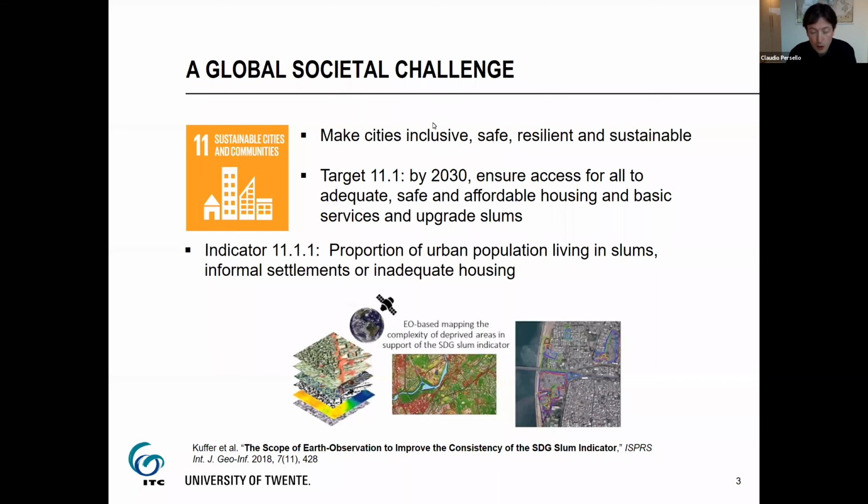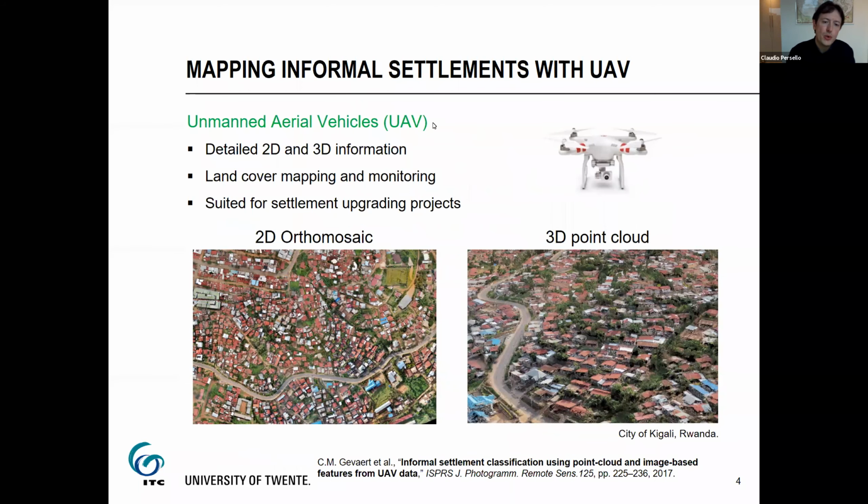So in the next slides, I would like to show you some of the research activities done in this direction using different platforms. And I would like to start by showing some of the activity done towards investigating the use of unmanned aerial vehicles or drones to map informal settlements.